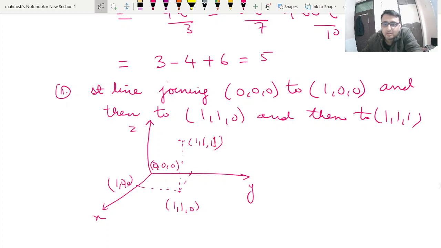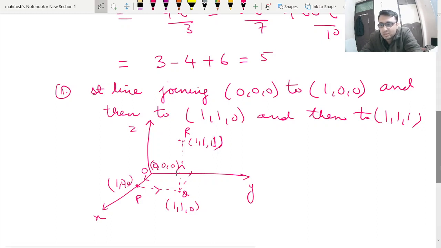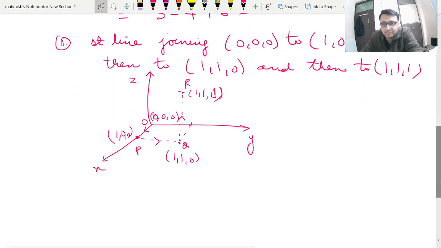Okay, 3 points are there. If I call them P, Q, and R, and this is your origin, what is the path? Path is OP, then PQ, and then QR.